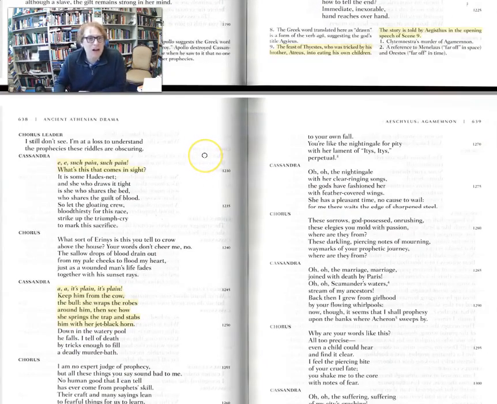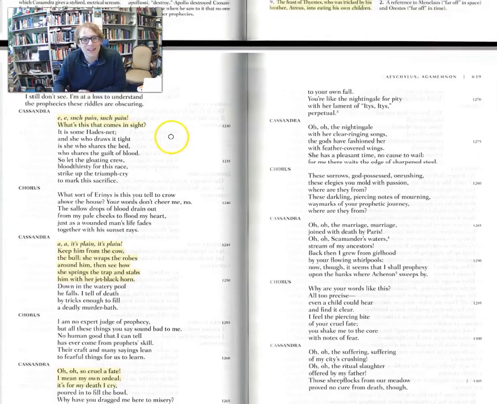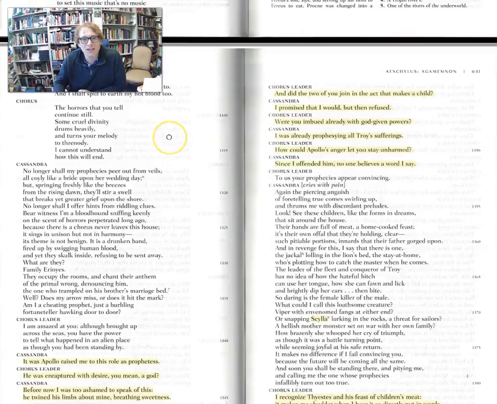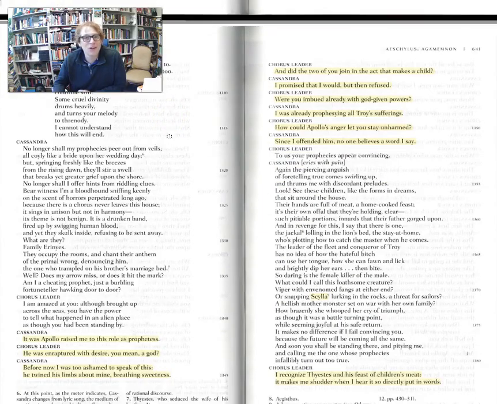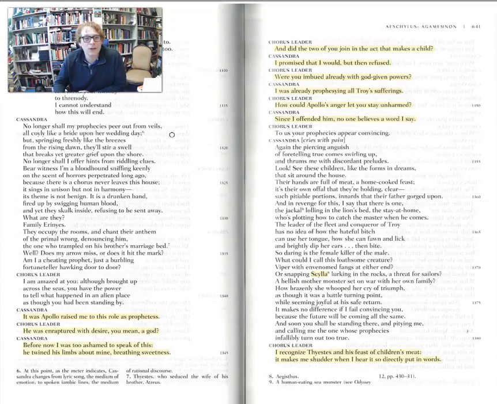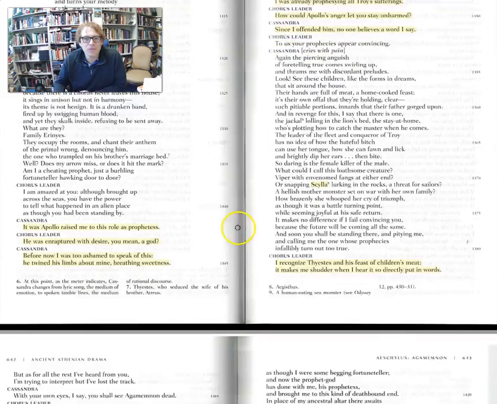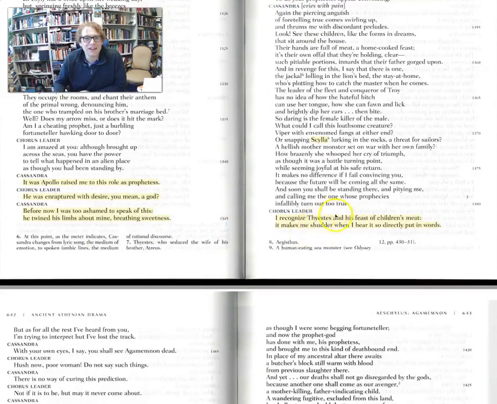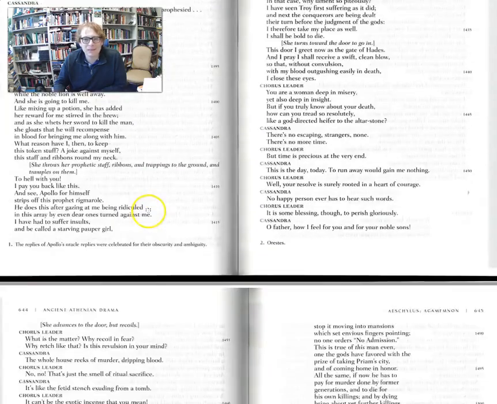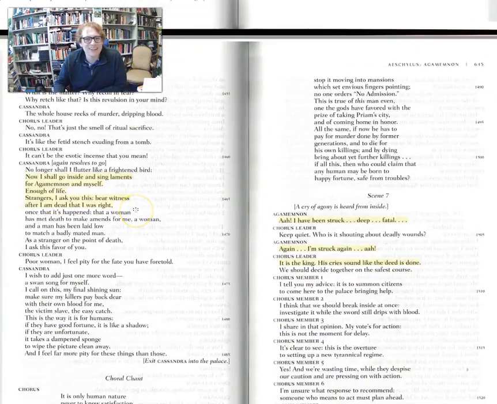Anyway, we'll get back to that at the end, actually, because one of the brothers of those children is still alive, Aegisthus, and he's going to be the one who helps to kill Agamemnon. Aegisthus is now the lover of Clytemnestra, and together they are about to do this horrible tragedy. Here Cassandra explains how she has this power. She sees Thyestes, that's the uncle who eats his own children, the feast of children's meat. Speed right along.